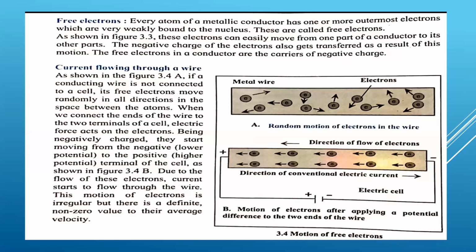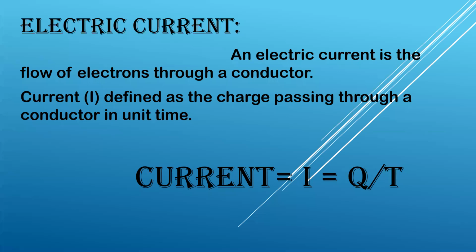So all electrons move from negative terminal to the positive terminal, and the positive charge moves from positive terminal to the negative terminal. So I hope that all of you have understood about free electrons and current flowing through a wire. Now I am coming to the next topic, that is electric current.